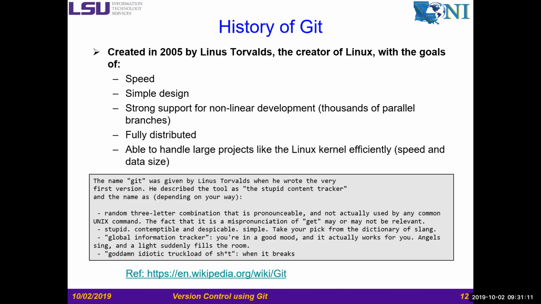I also put here why it was named Git. Go to this link on the slides to figure it out if you're really interested. I'm not really interested in that. So far, that's the background part of why we need a version control system and why we need Git.